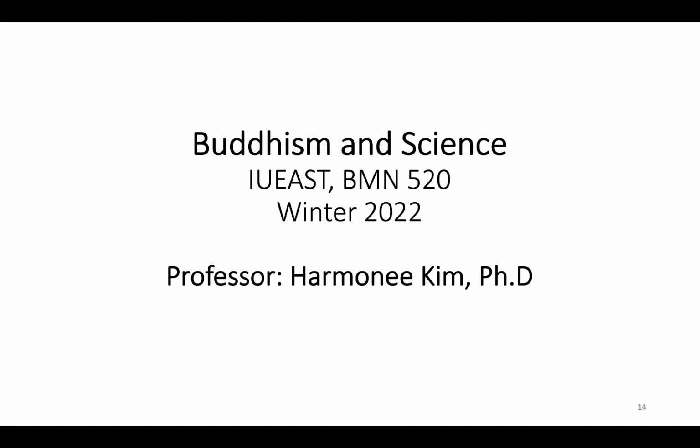Okay, for the rest of this video, I will briefly introduce Buddhism and Science. In order to study Buddhism and Science, first, let's look at the scientific technology used for interpreting Buddhist teachings.